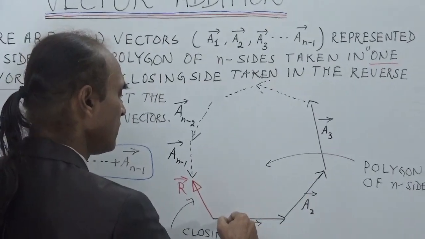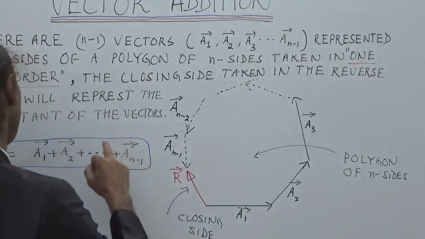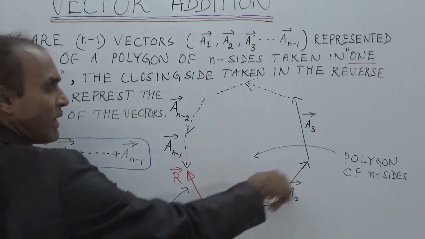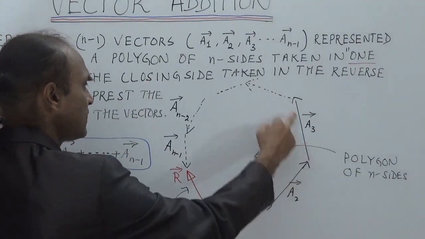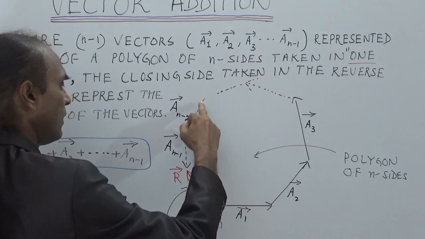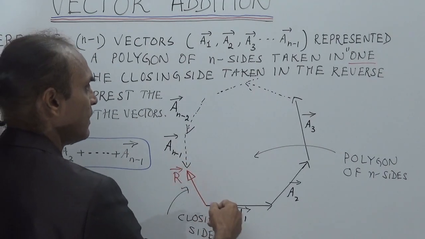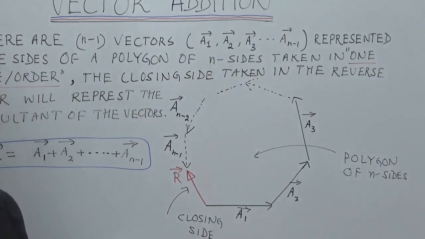In which order? In anti-clockwise order, or in one sense, anti-clockwise sense. So the sides of a polygon represent the vectors in a particular sense.